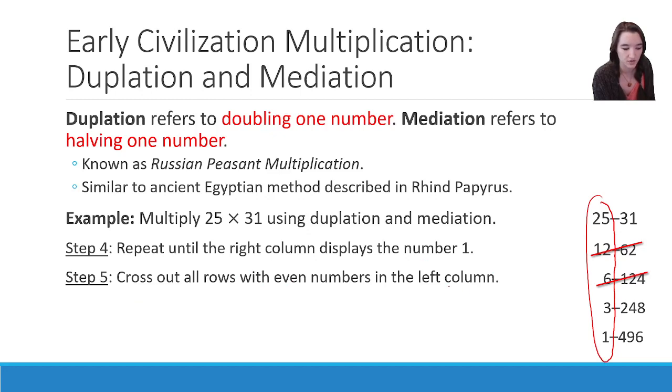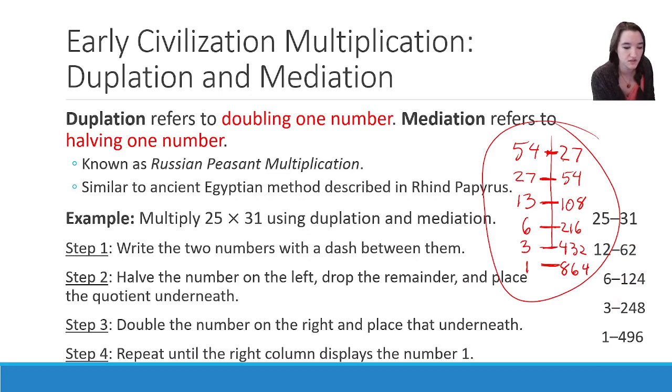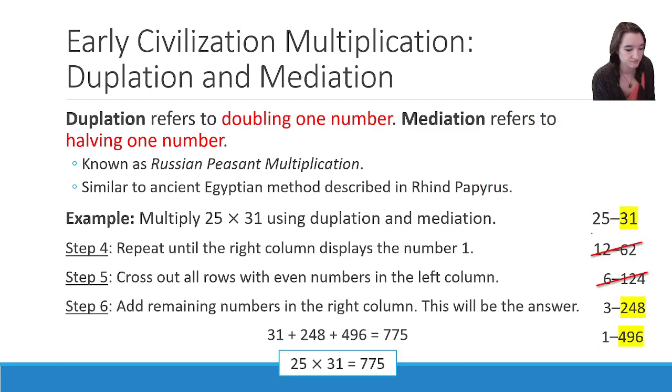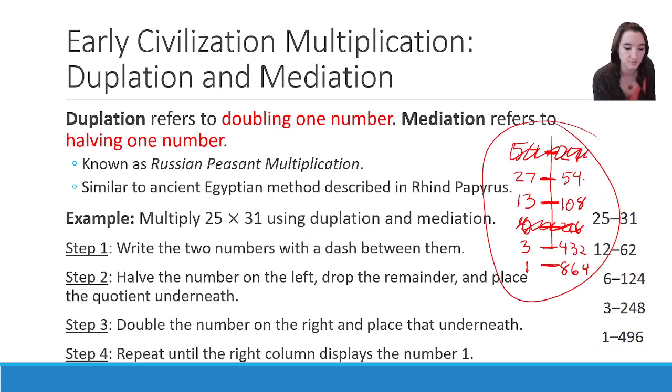in the left column. Okay, so the left column specifically. So that's the halving column. So that means I'm going to cross out this row and the top row. Then, step 6 is add the remaining numbers in the right column. So in the right column, we have 54, 108, 432, and 864.